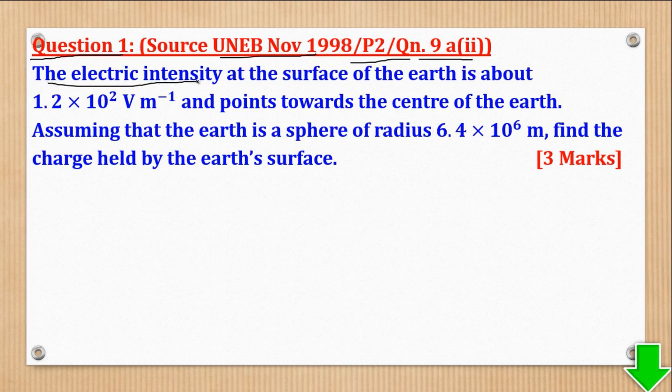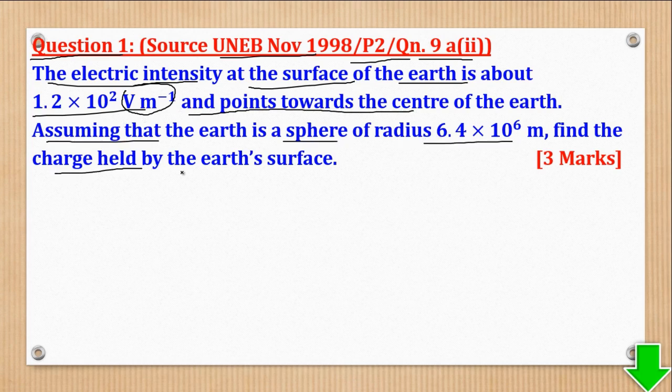electric intensity at the surface of the earth is about this. So this is another SI unit for electric field intensity, and it points towards the center of the earth. Assuming that the earth is a sphere of radius this, find the charge held by the earth's surface.